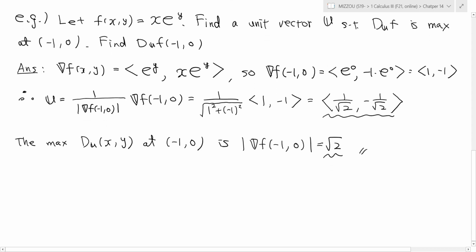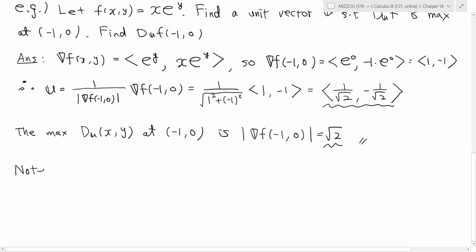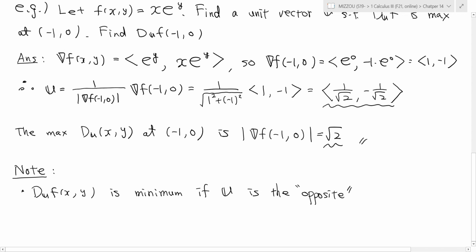All right. So let me just give you a couple remarks. First of all, the directional derivative is minimum if the direction, the unit vector, is opposite to the gradient.